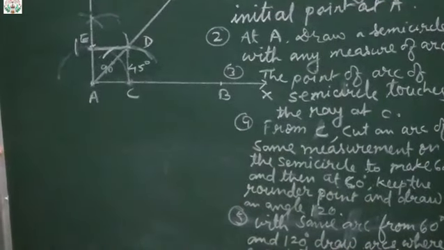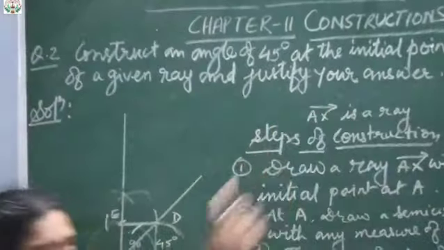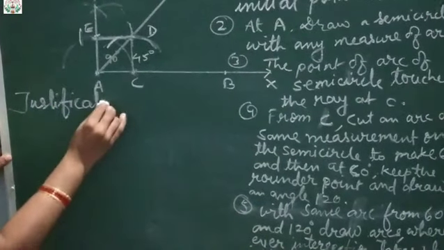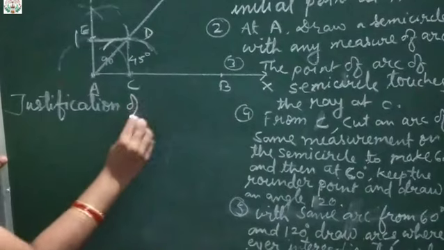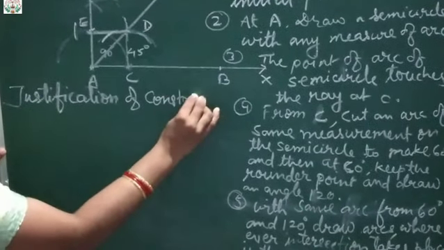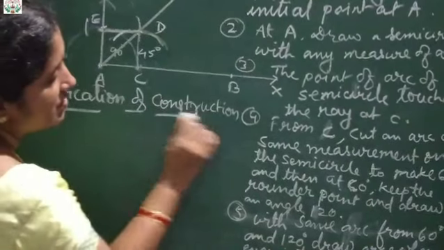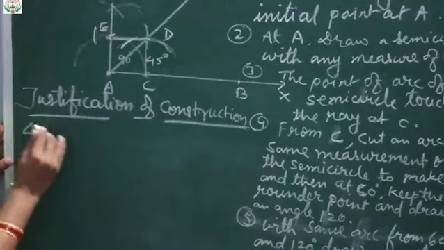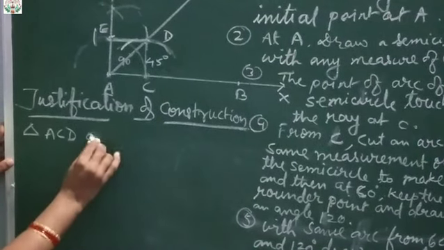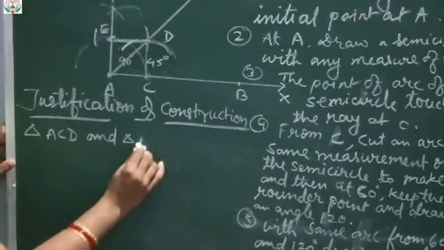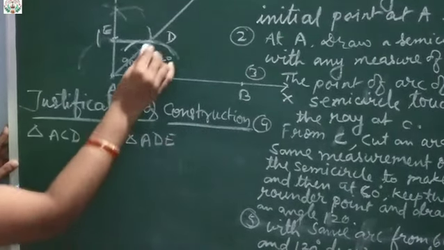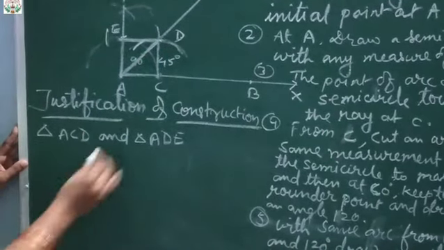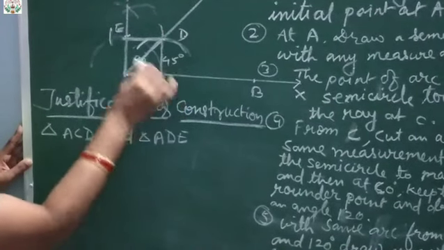Okay. Now justification we have to show, because what is the question? Justify your answer. Now you can write justification of construction. Now you can see in triangle ACD and triangle ADE, this small triangle and this triangle, AC equals AE.